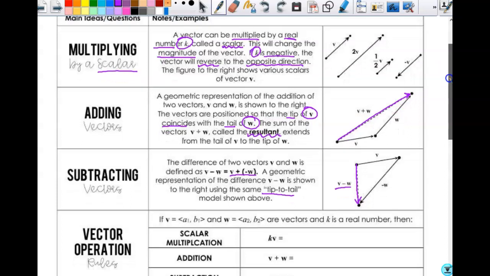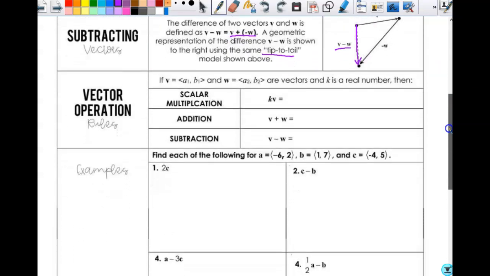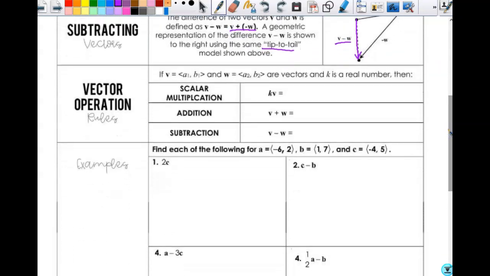So let's look at it algebraically, what our rules are. If we have vector v = ⟨a1, b1⟩, w = ⟨a2, b2⟩, and k is a real number. Scalar multiplication, k times v, would be equal to ⟨k·a1, k·b1⟩. It's that easy. You just multiply whatever the scalar is by both of the numbers.